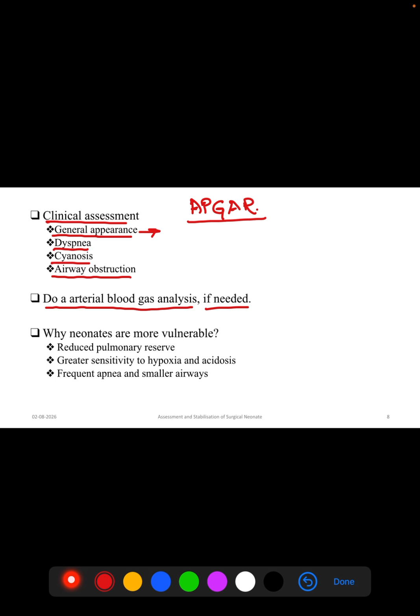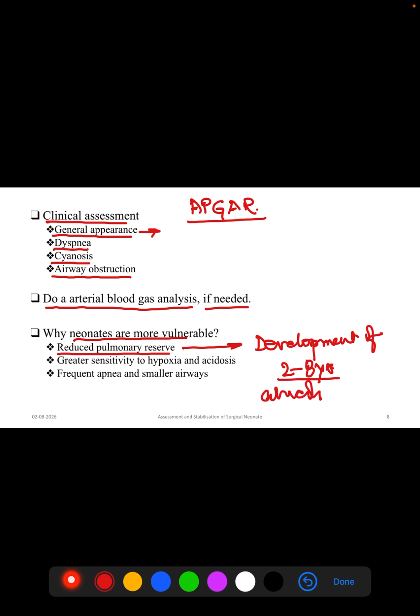Then why neonates are more vulnerable for respiratory compromise? Because there is a reduced pulmonary reserve. We all know the development of the respiratory system goes till 2 to 8 years. So your alveoli are still developing, so the reserve is low.